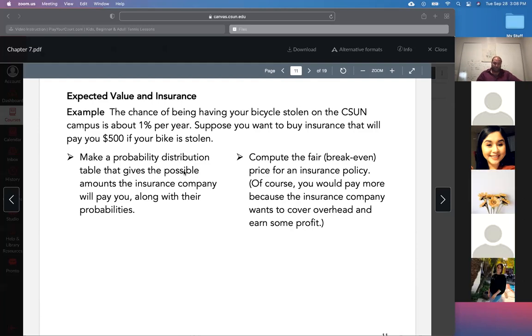Forget about rigorous math. Just give me an idea. What would you pay if there's a 1% chance your bike would be stolen? Would you even buy insurance if there's a 1% chance?